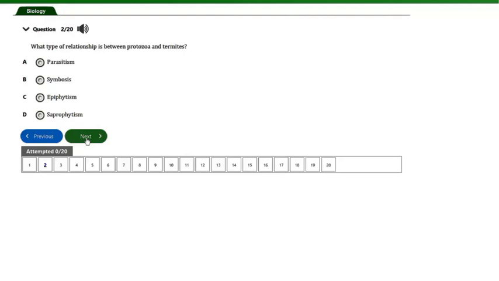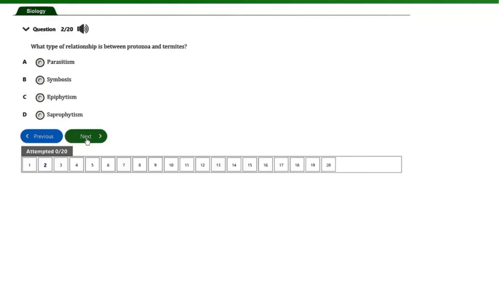The relationship between protozoa and termites is symbiosis, and symbiosis is the case where both organisms actually gain from the relationship.